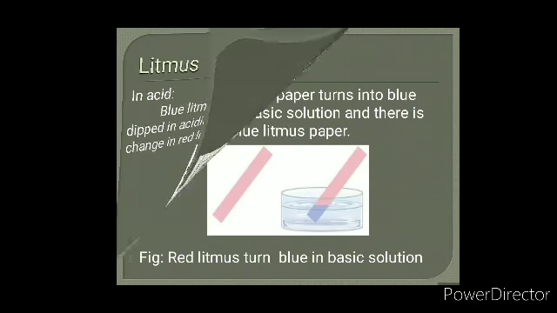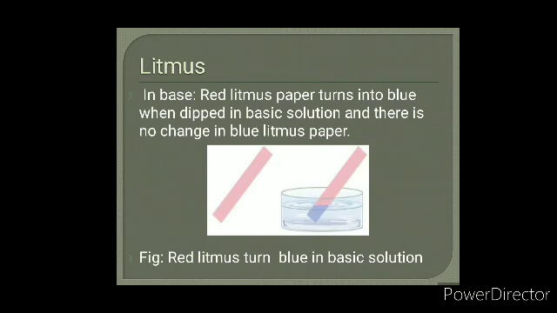And in base, the red litmus turns blue while there is no change in blue litmus paper. So by the use of this litmus paper, we can see whether the solution is acidic or basic. We can test the nature of the solution by using litmus paper, and litmus paper is available in the market.